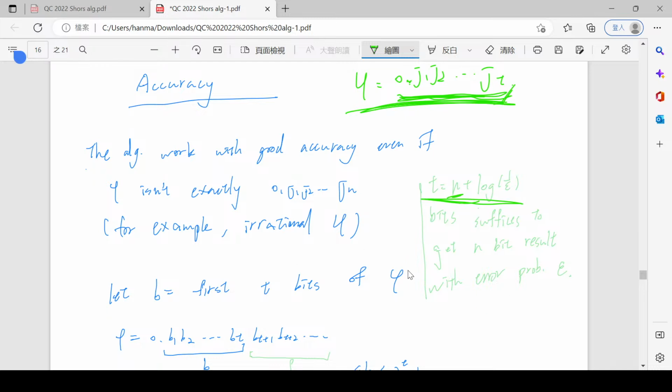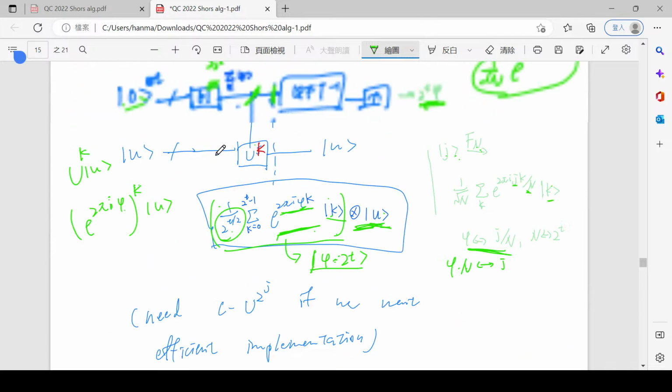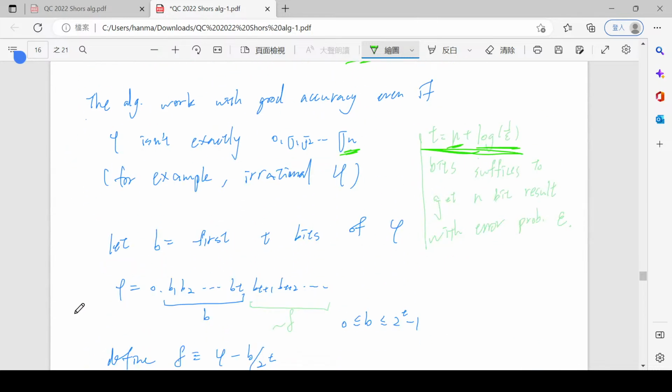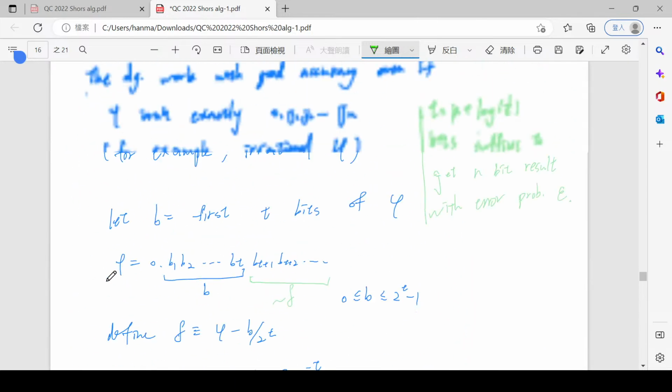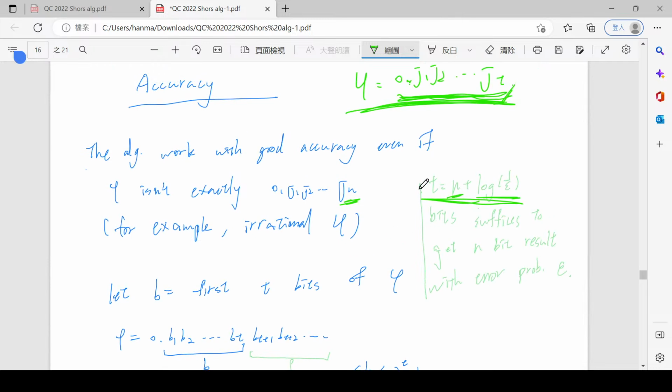So if you want n-bit precision, then you need to add the extra log 1 over epsilon bits in your phase estimation, and we'll do the detailed analysis next Monday to show that this is enough to give you the n-bit result.